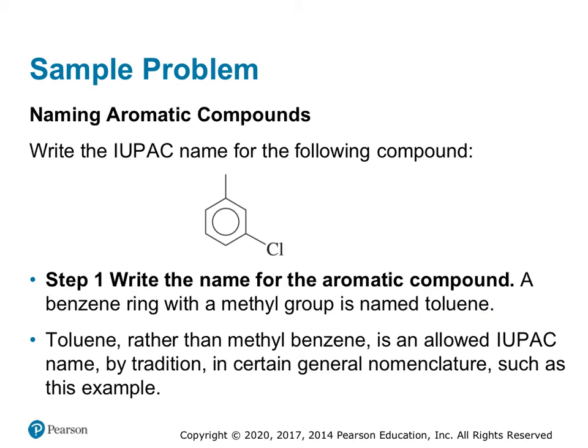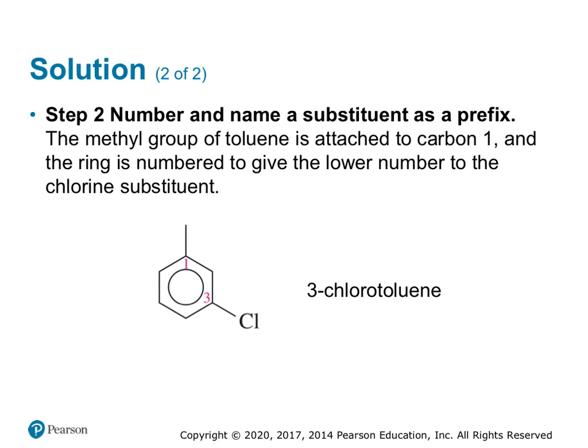While methylbenzene is an IUPAC name, toluene is the more traditional name given in this example. The methyl group of the toluene, which is right here, is attached to carbon number 1, so we number that carbon number 1. And then at carbon number 3 is the chloro group, so it's known as 3-chlorotoluene.